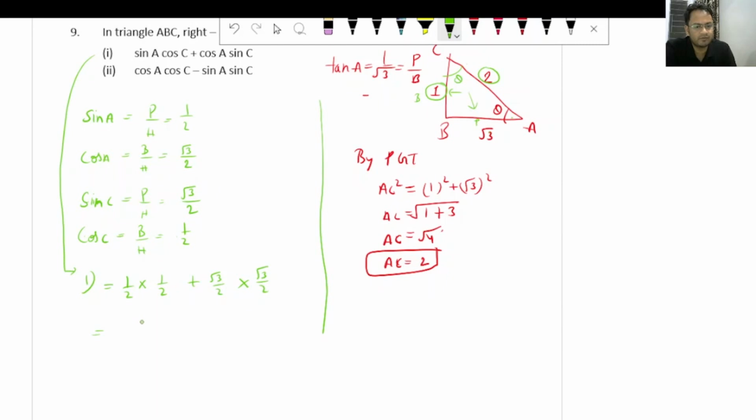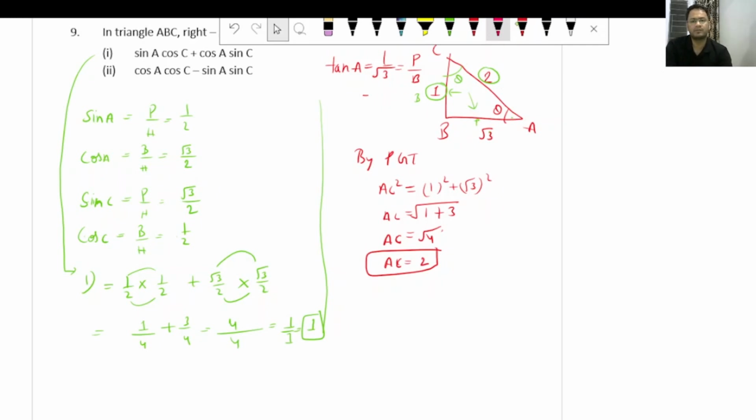So 1 into 1 is 1 and 2 times 2 is 4, and root 3 into root 3 is 3, and 2 times 2 is 4. Take the LCM as 4, so 3 plus 1 is 4 upon 4, that is 1, and our final answer is 1. So we got the answer of part A.